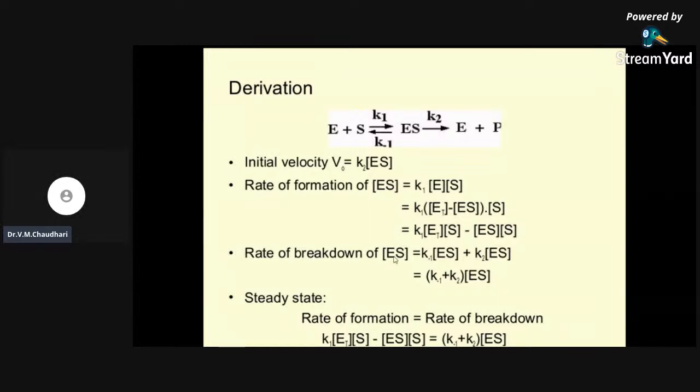Okay. Now rate of breakdown of ES. आता ब्रेकडाऊन कसं होतं ES चं, ES is converted to product or ES is converted to enzyme substrate free.